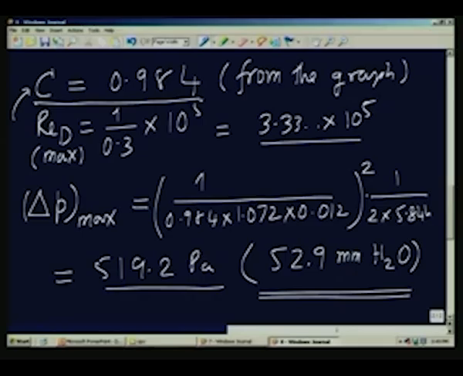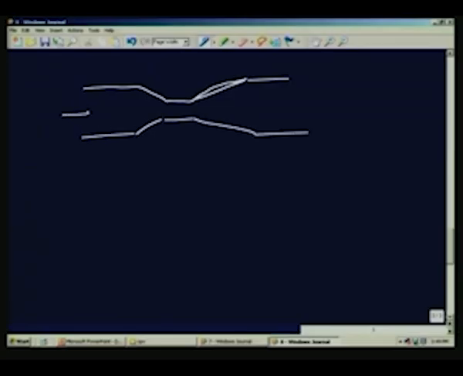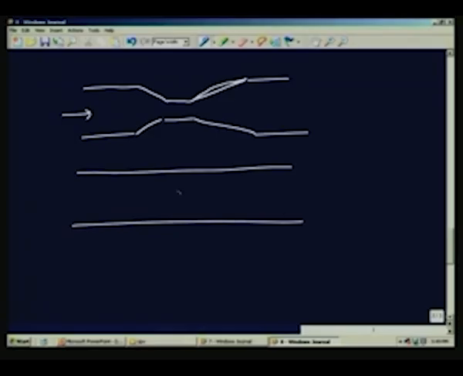Now let us look at what is going to happen if I do the following. I am having the venturi. This is the first case which we did. I want to compare with the case of a nozzle.